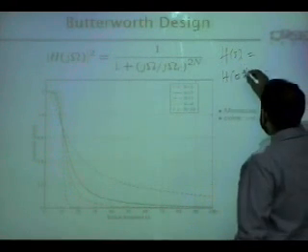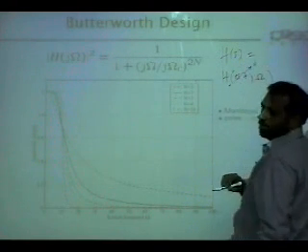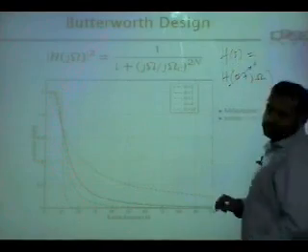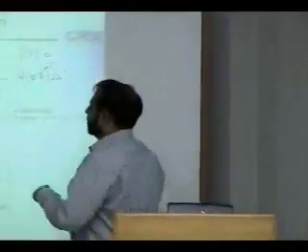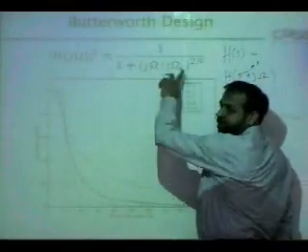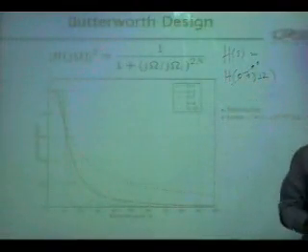If you put sigma equal to 0, then H of S becomes H of j omega. So it is a very simple relationship: you have an s here, and once you put sigma 0, that s will become j omega.